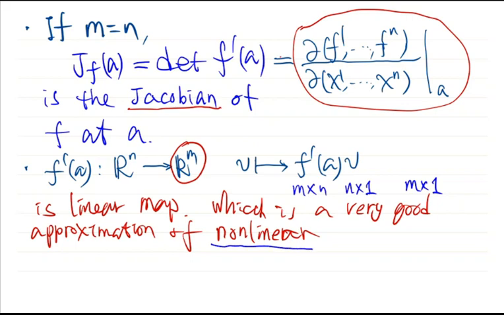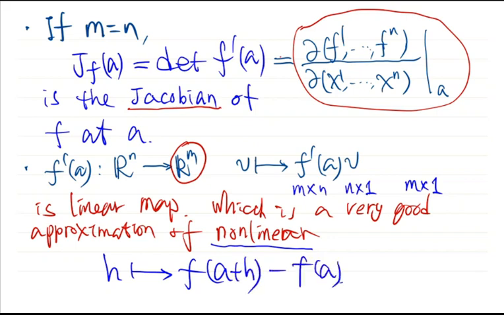Which nonlinear map? This nonlinear map is the one that takes a vector h in Rn and maps it to f(a+h) minus f(a). Okay, so this nonlinear map can be approximated very well by the linear map determined by the Jacobian matrix.